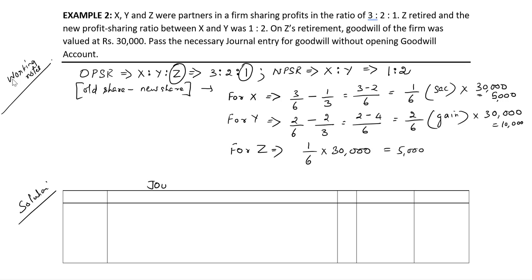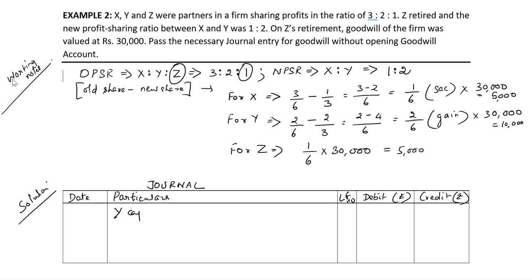Journal, date, particulars, LF number, debit rupees and credit rupees. We need to debit the gaining partners and credit the sacrificing partners.